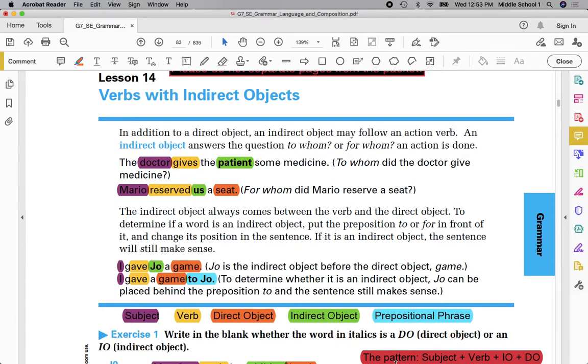And in the bottom right-hand portion of your screen, I have this pattern. Subject, verb, indirect object, direct object. If there is an indirect object in the sentence, it must come before the direct object. If there is not a direct object, there cannot and there will not be an indirect object.